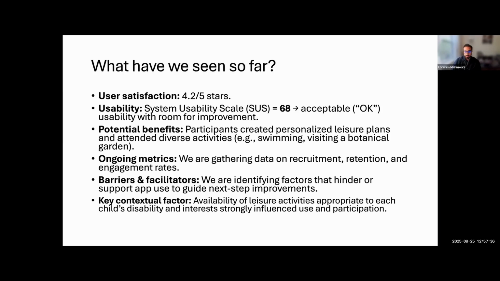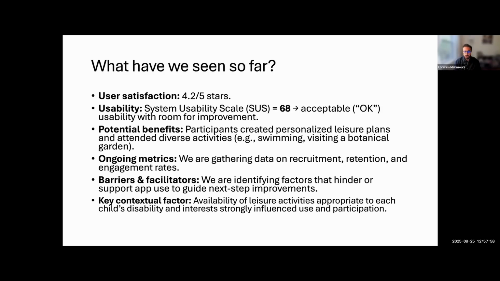In terms of the potential benefits, participants could create personalized leisure plans in the app. It was really exciting to see that they could participate in different leisure activities, from attending swimming to visiting a botanical garden. We are collecting data on different metrics like recruitment, retention, and engagement.